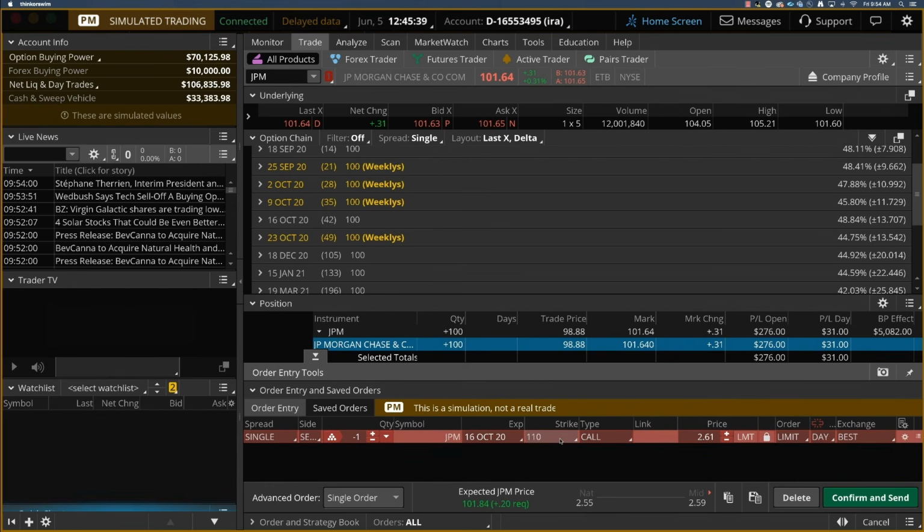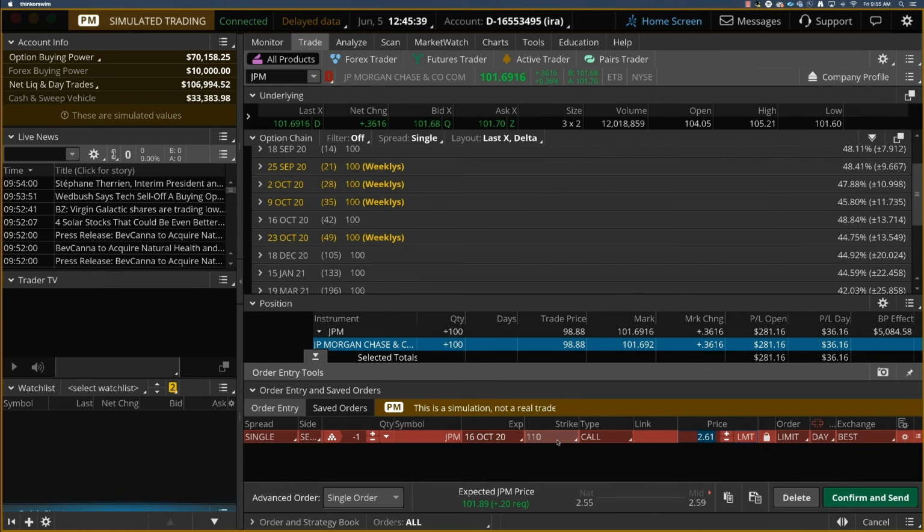Now in this case, let's say the stock were not to close above 110. Well, if the stock were not to close above 110, and let's say the stock stayed exactly flat from where it is right now, the investor only would get the premium. Okay? And why is that? Well, remember, the investor agreed to sell the shares at 110.